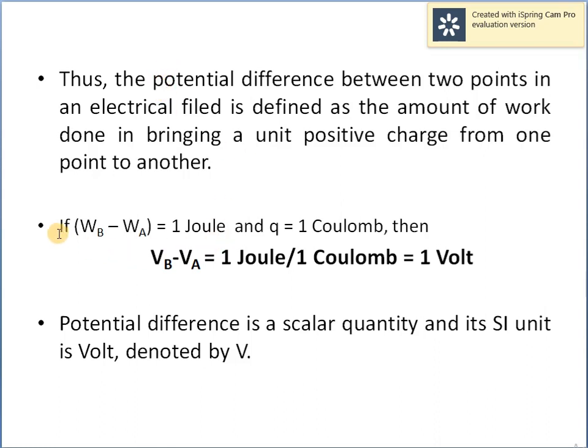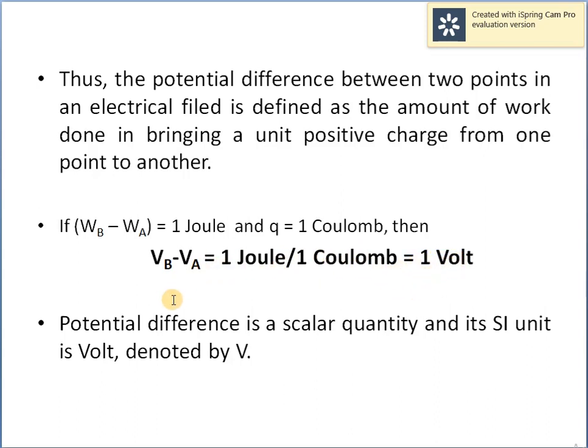If WB minus WA, the difference in work done, is 1 joule, and the value of charge is 1 coulomb, then the potential difference VB minus VA will be equal to 1 joule by 1 coulomb, which is equal to 1 volt.